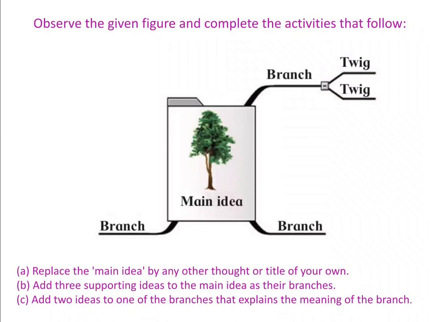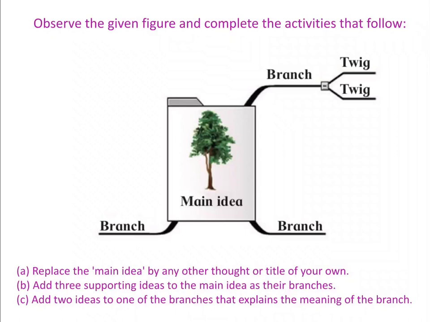Add 3 supporting ideas to the main idea as their branches. That means once you have thought of a topic of your own, write 3 more ideas that come to your mind when you think of your topic. Add 2 ideas to one of the branches that explain the meaning of the branch.